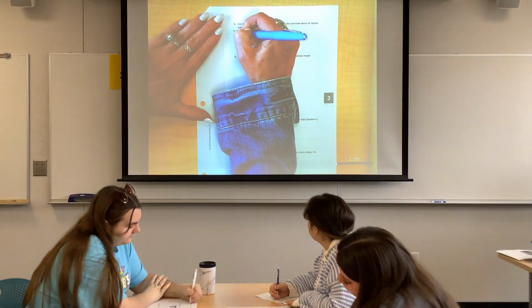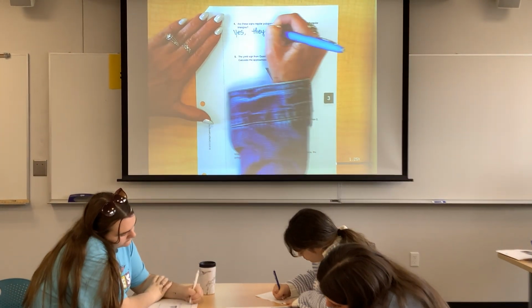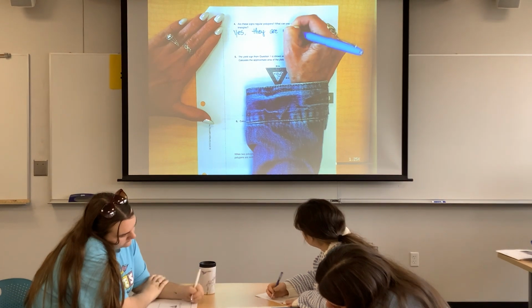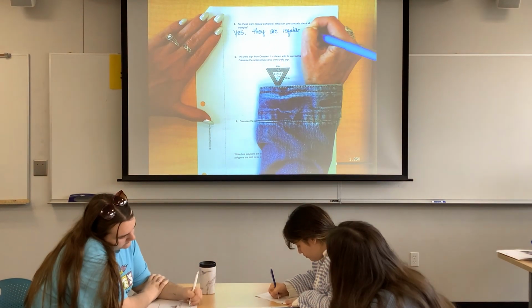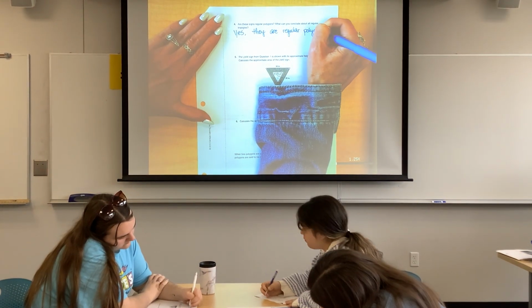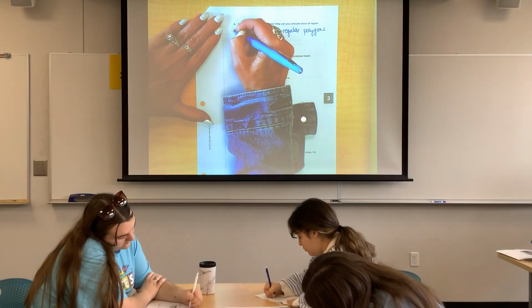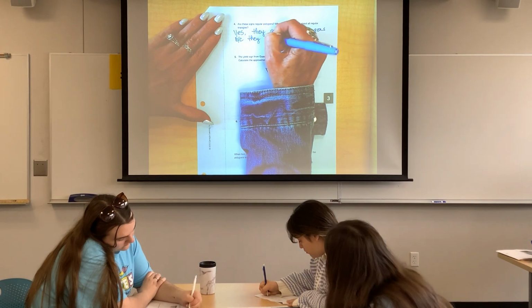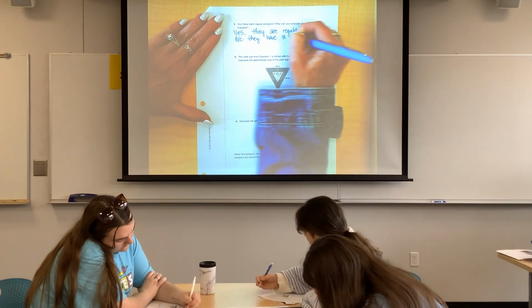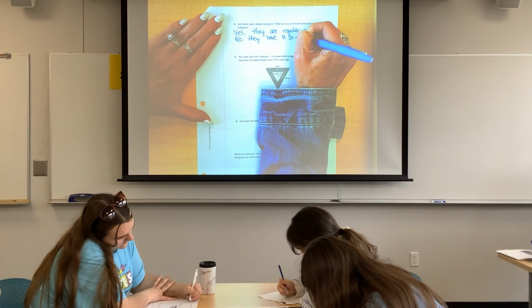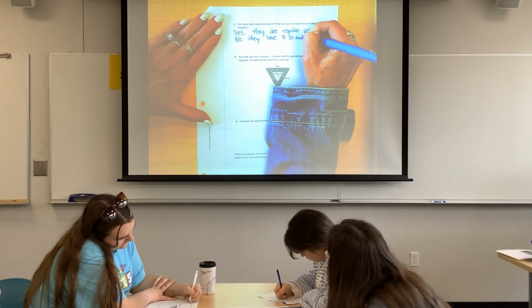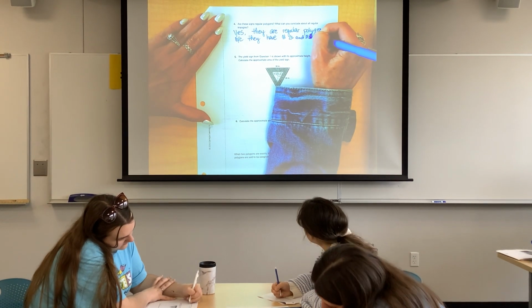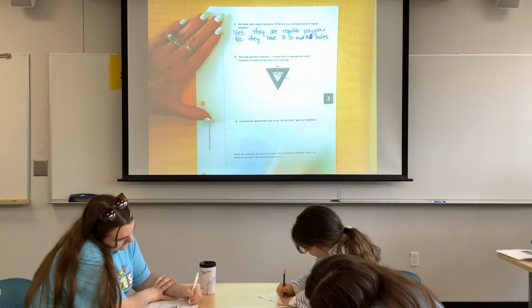So yes, they are regular polygons because they have congruent angles and congruent sides.